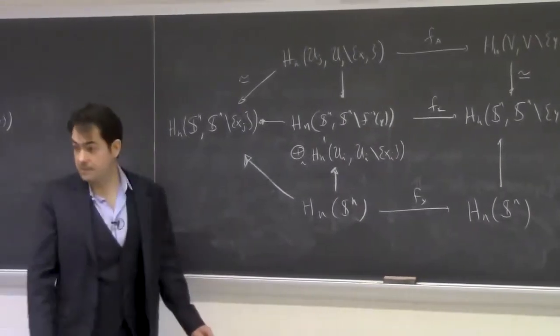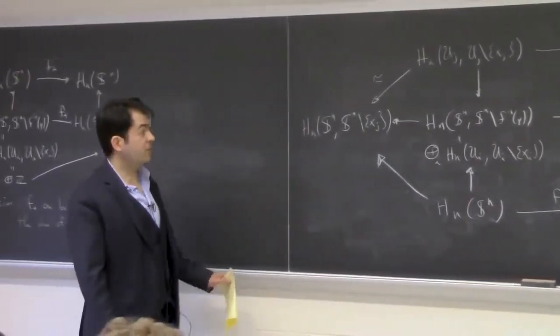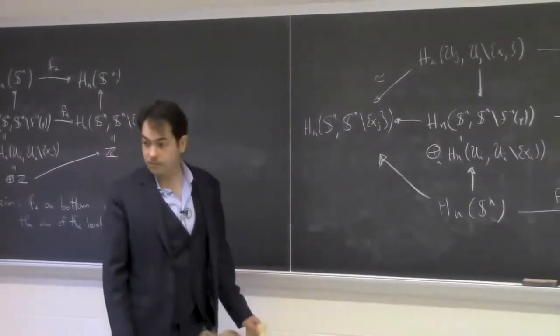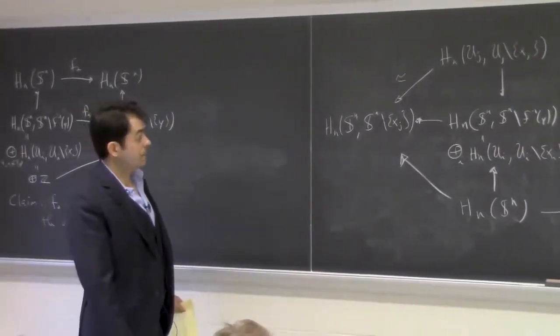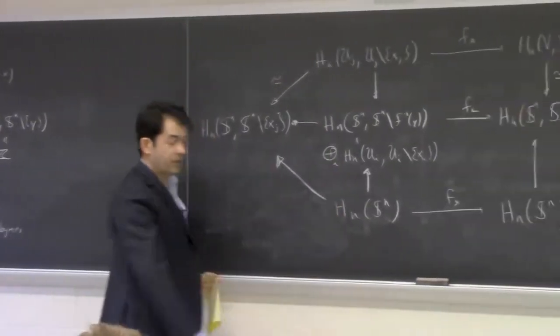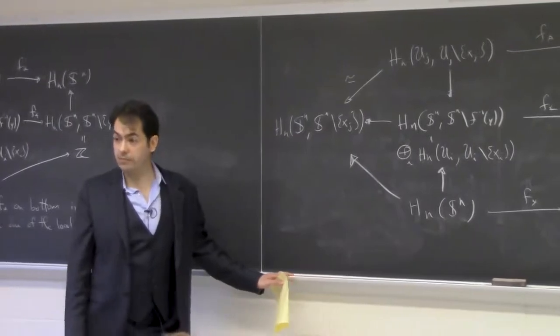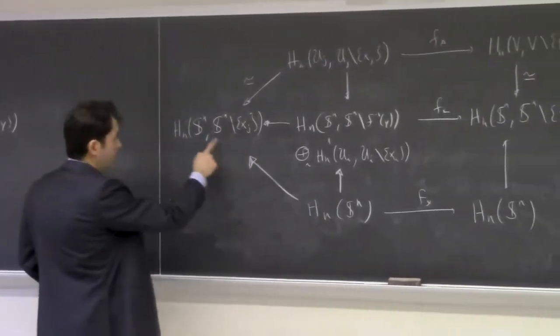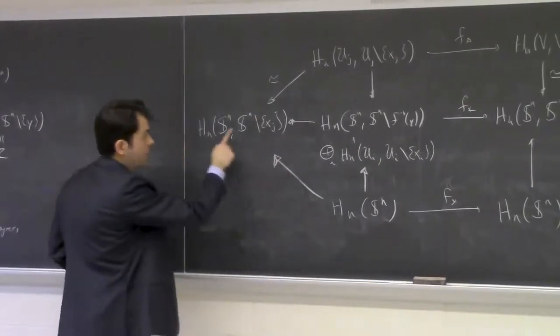Wait, how did you get at the isomorphism? By excision. And then what are the arrows going up? This is just from the long exact sequence in homology. So is this one. This is a long exact sequence in homology.